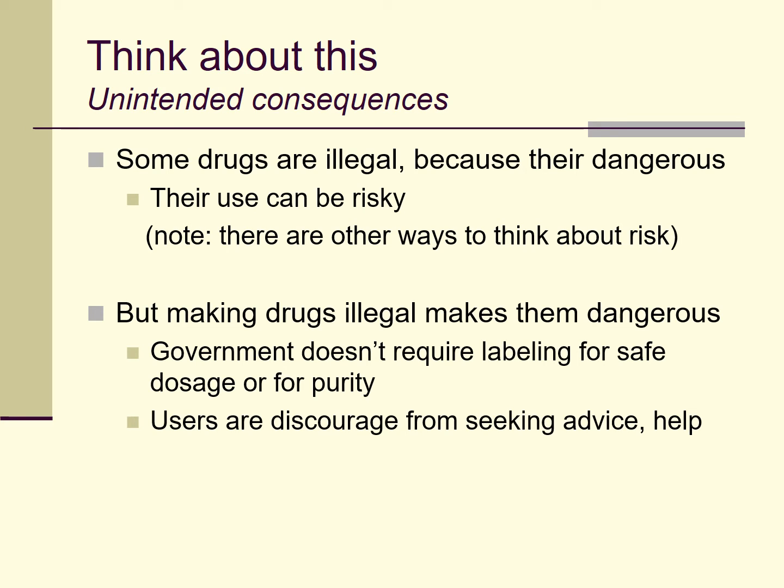But it led to increased dangerousness of alcohol, because illegal alcohol made during that period was often made in ways that were dangerous or included adulterants, had poor purity that could lead to damage to the health of people who did choose to illegally use alcohol. So it's an old story, but it's also a new story. And it's one of the challenges that comes up when we think about how to judge the riskiness or the dangerousness of drugs, especially when we're focusing on the idea of toxicity, dangerousness to the human body.